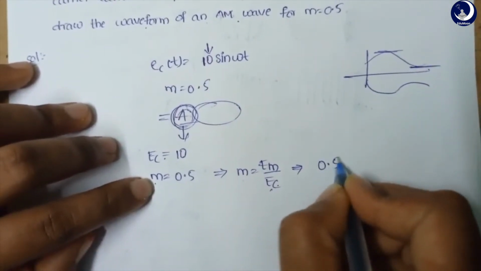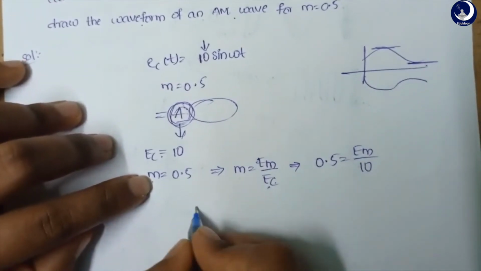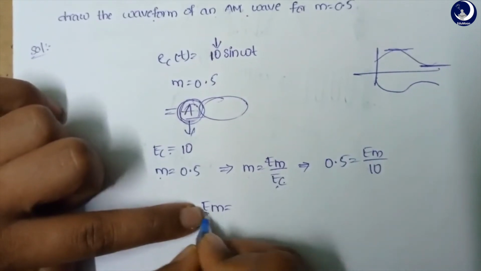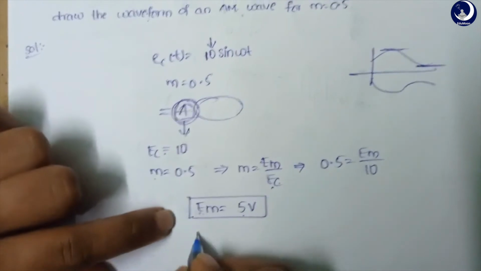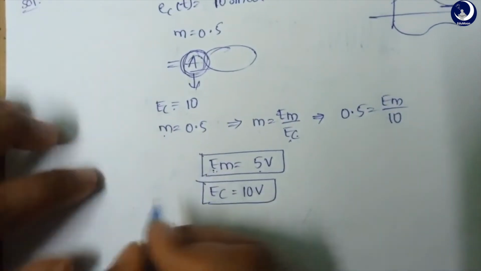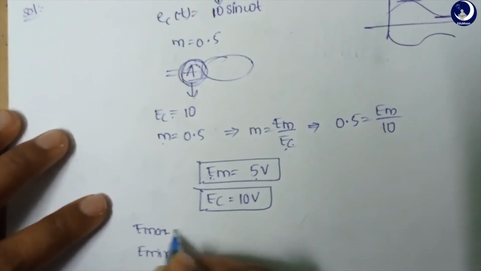Then 0.5 equals Em by 10, so we get the modulating wave amplitude Em as 5 volt, and we also know Ec is equal to 10 volt. From this we can calculate E max and E min.